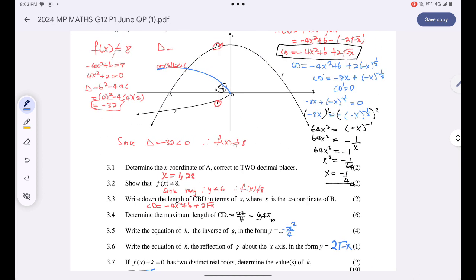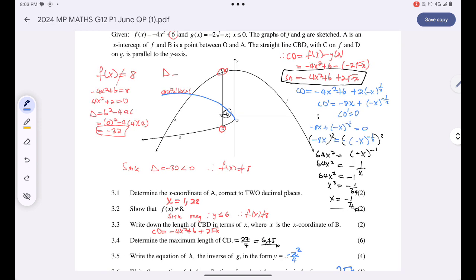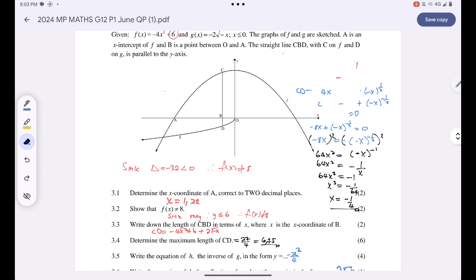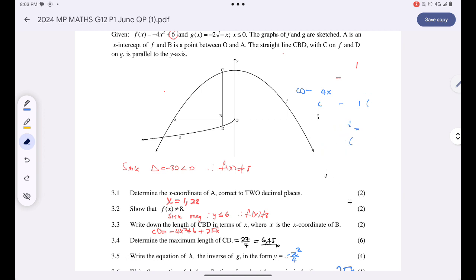Okay, if we check, guys, this graph over here, the parabola over here, let me erase so that you can see properly what we are talking about. We are looking for the values of k such that our parabola will have 2 distinct roots. I have -4x squared plus 6 plus k is equal to 0.